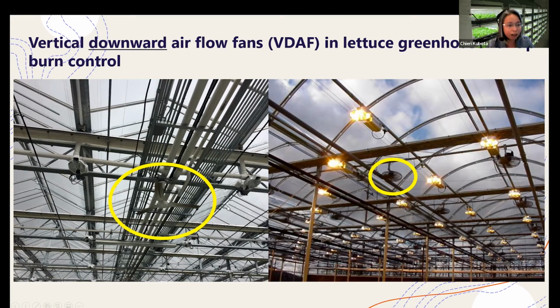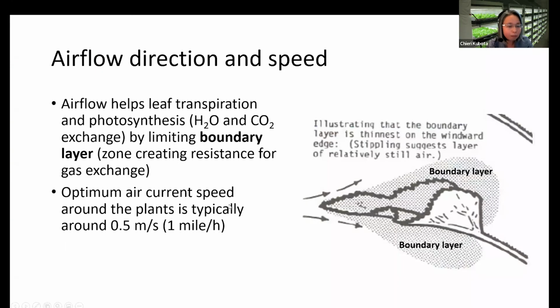So why can you get tip burn mitigated with this downward airflow? Because over the plants there is a very stagnant zone of air, which is limiting gas exchange. We call it the boundary layer. Again, it's because of the friction between the air and the surface. The air doesn't move as easily as in the much higher headspace, so that boundary layer limits the transpiration.